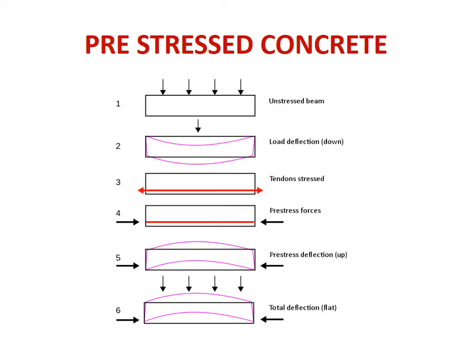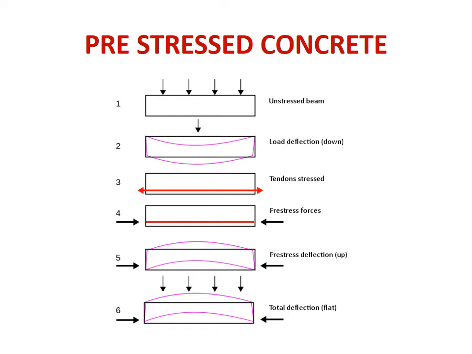You can see this figure about pre-stressed concrete. This has been taken from Wikipedia. Number one is an unstressed beam, and number two, if there is a loading, then the deflection will be downward.